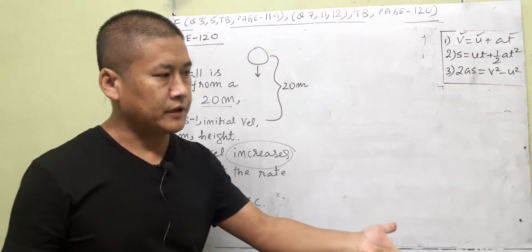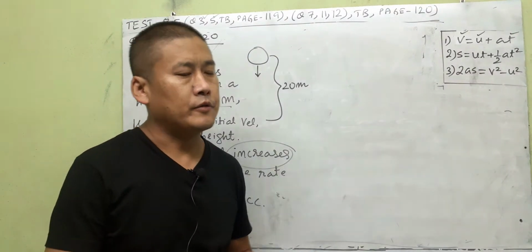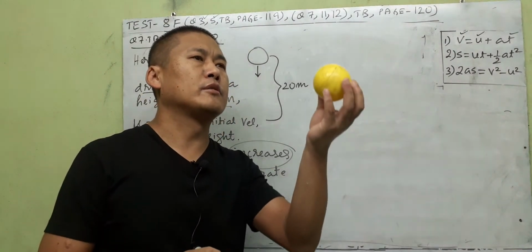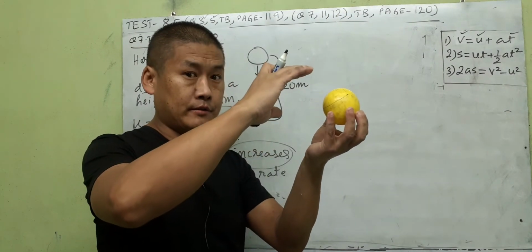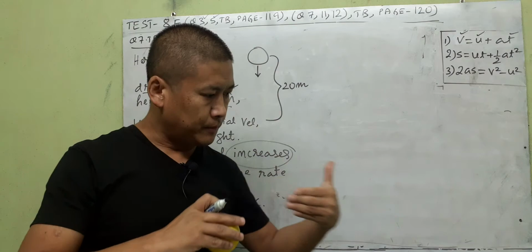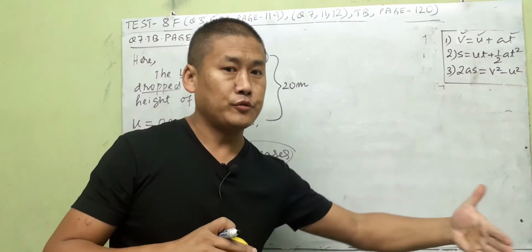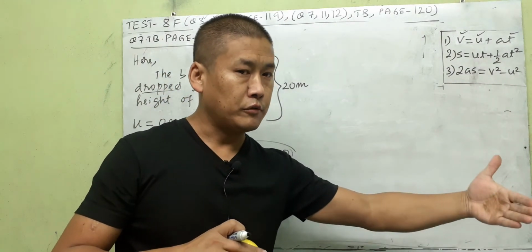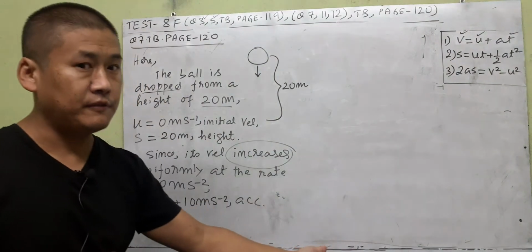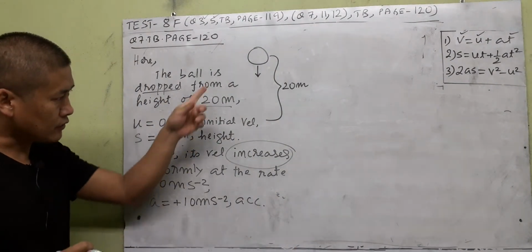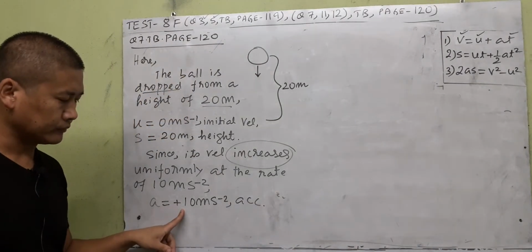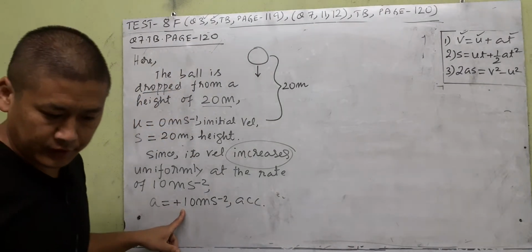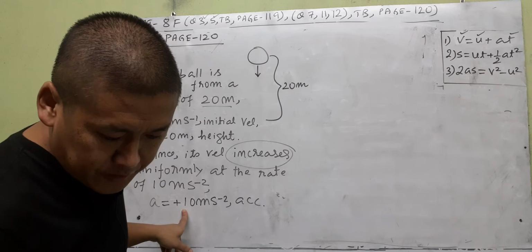For negative acceleration, the picture is that of a ball being thrown up, so that as it goes up more and more, the velocity decreases, or a car applies a brake and begins to slow down. But here, since the object is dropped, it is definitely positive acceleration.